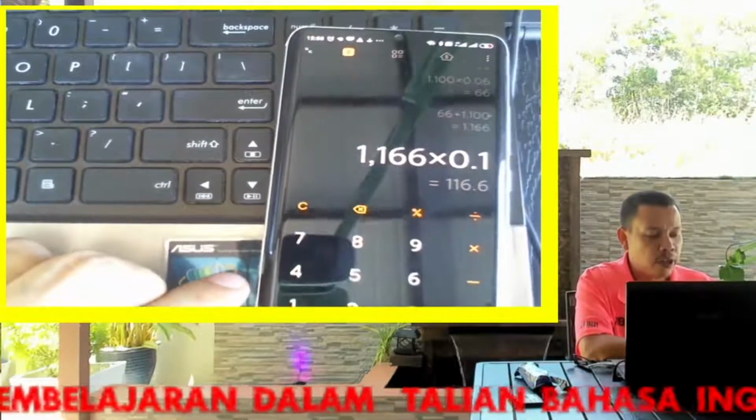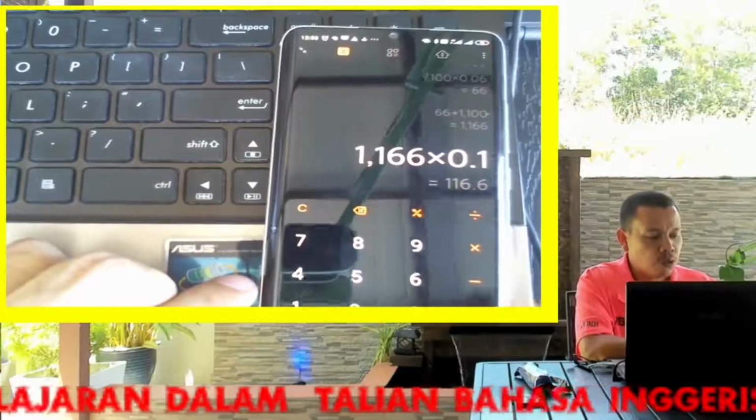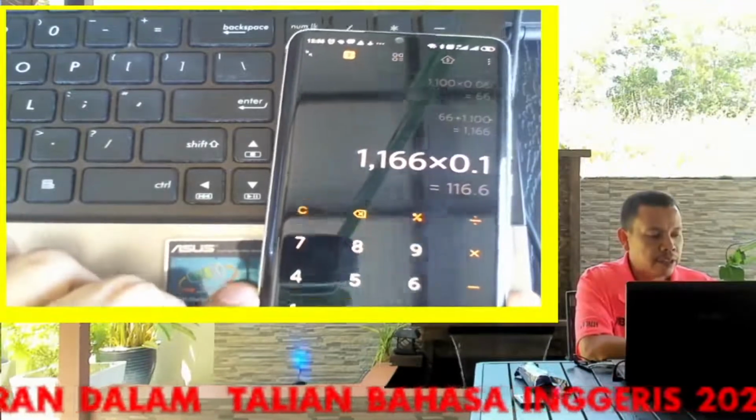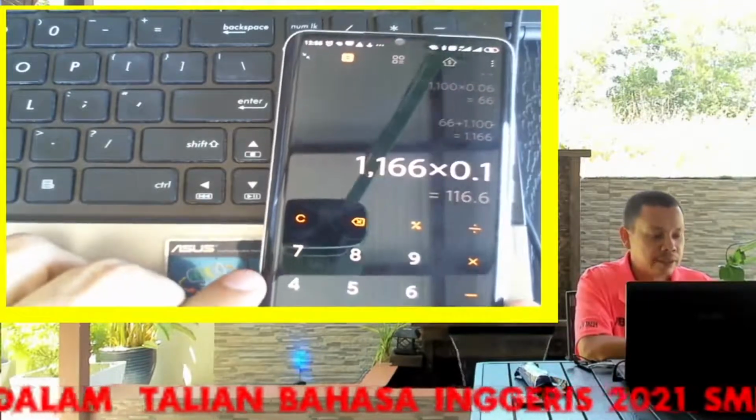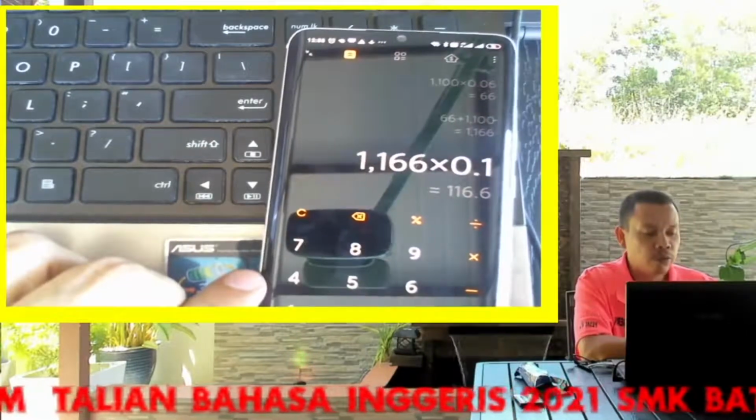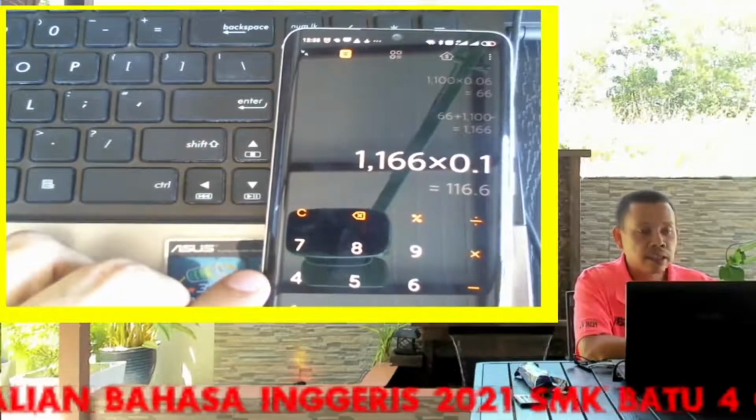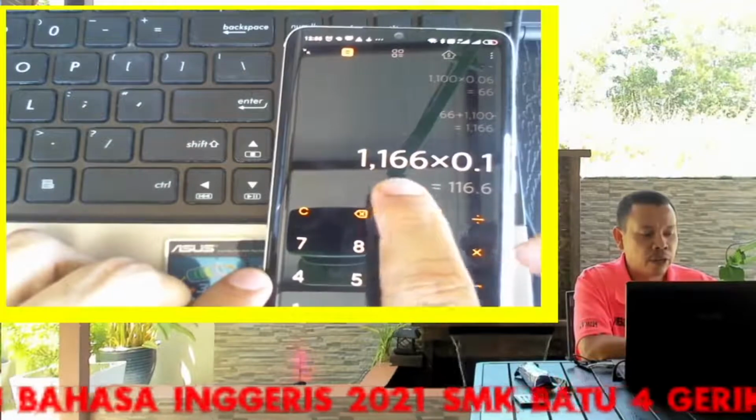0.1, so it equals 116 ringgit and 60 cents. So you have to deduct it from 1,166 ringgit.